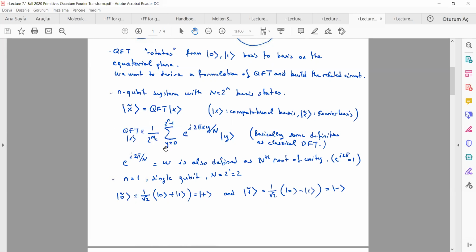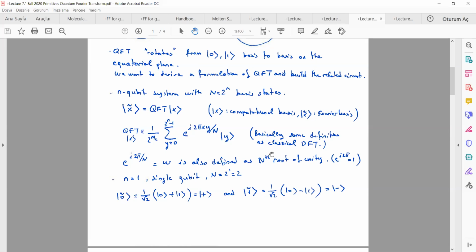And we sum over all y equals 0 to 2 to the n minus 1, so sum over all combinations of ket y, multiplied by this weighting factor, which is a phase, because it is in the form of e to the i theta, an angle. This phase for each y, for the given input ket x, is computed and summed over for each ket y.